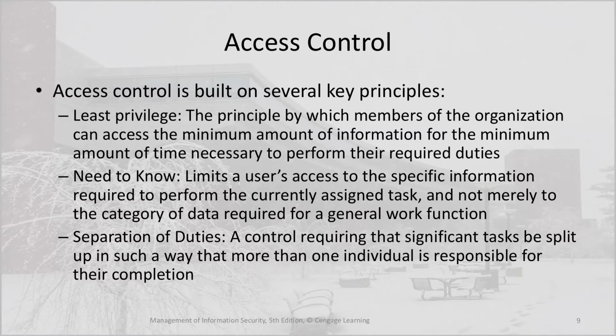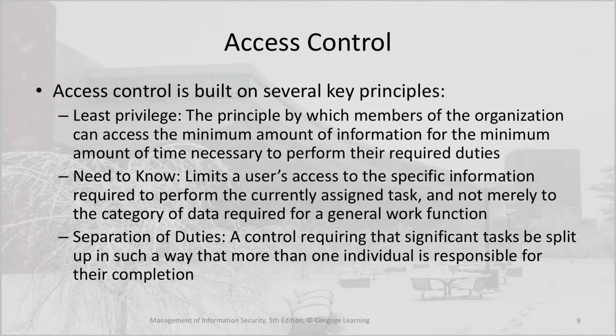Access control is built on several key principles. The first is the principle of least privilege. This is the principle by which members of the organization can access the minimum amount of information for the minimum amount of time necessary to perform their required duties. Second is need to know.